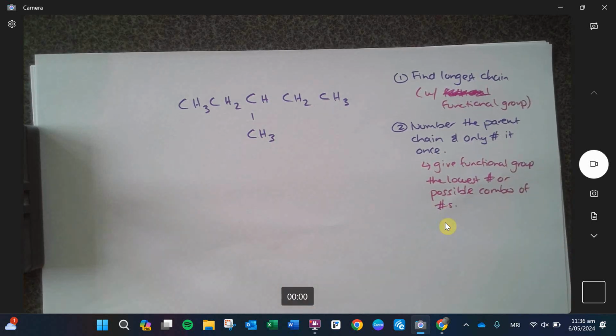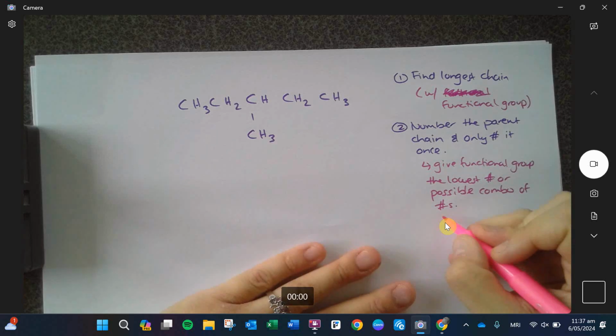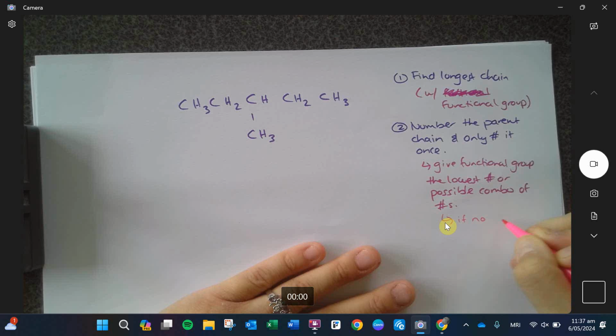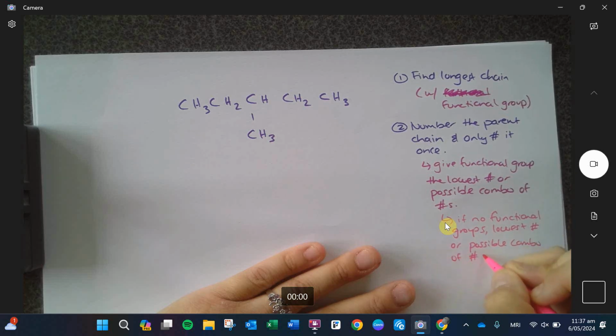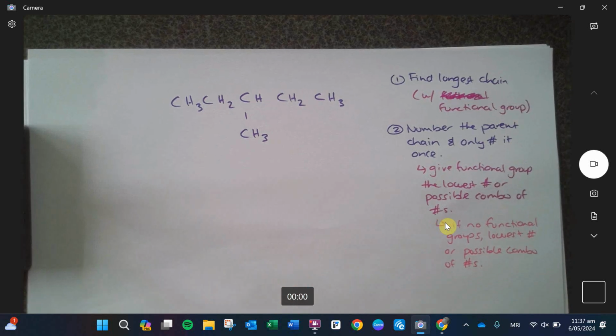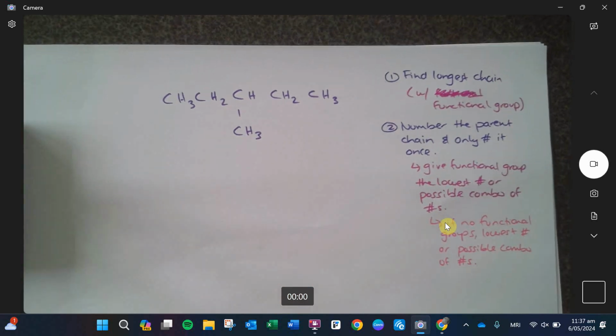I don't want you guys to worry about that now. If there are no functional groups, then you are going to give it to the branches, and you want the lowest possible combination for the branches. So that's our second thing to keep in mind. Are we okay with that so far?